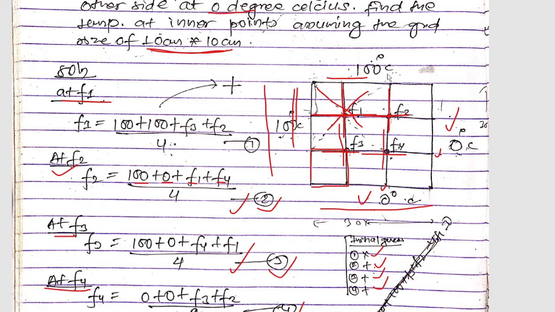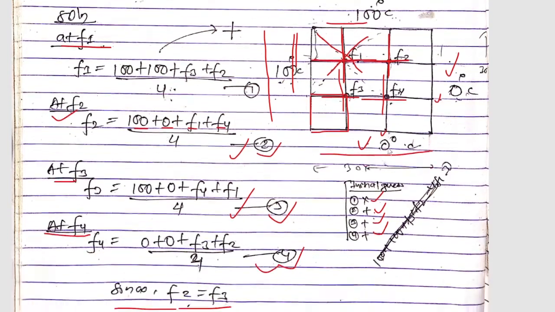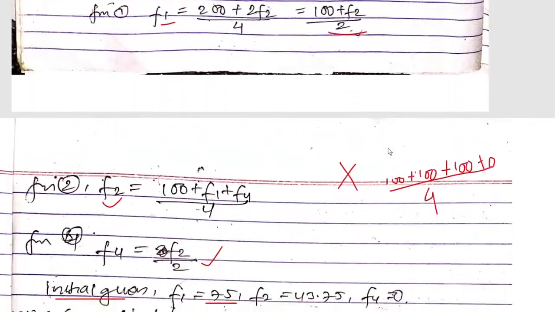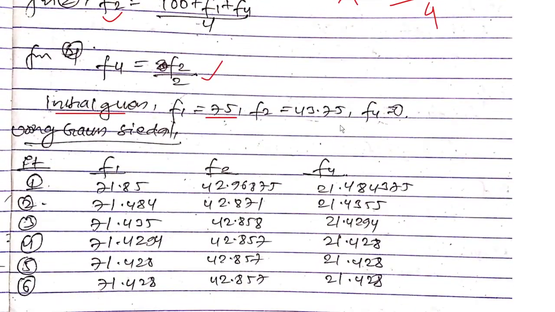So for this, here we have 100, this 0, again this is for f4 0, and for f1 we have just now calculated 75. So 75 plus 100 plus 0 plus 0 upon 4, we will get here 43.75.